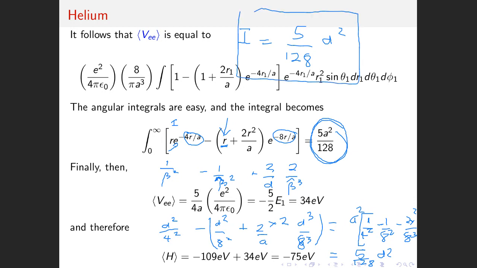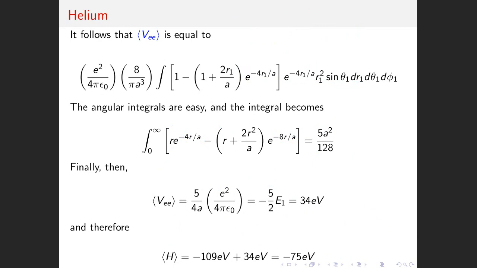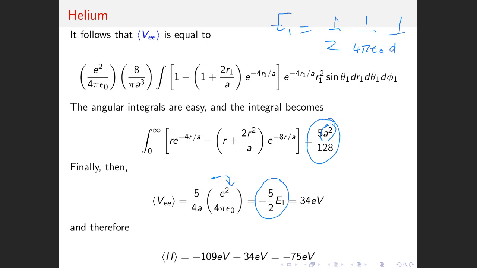Then you plug it into VEE. You can remember how VEE is proportional to delta, and then you know what the Bohr radius is, but at the end you get this, which is 5 over 2 once you rewrite everything in terms of E1. If you remember, in terms of the Bohr radius, it's 1 over 4 pi epsilon 0 times the Bohr radius.